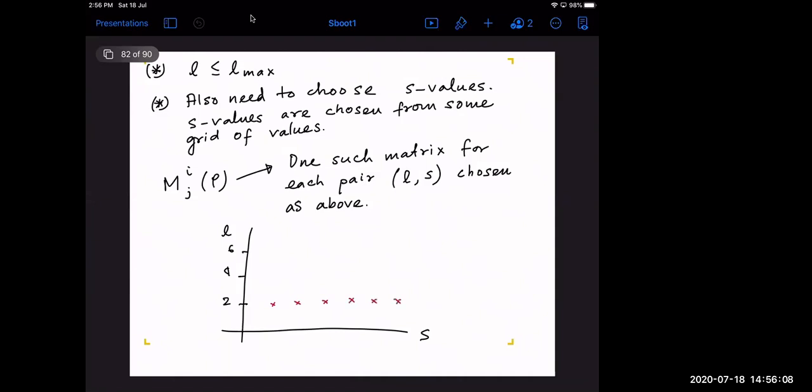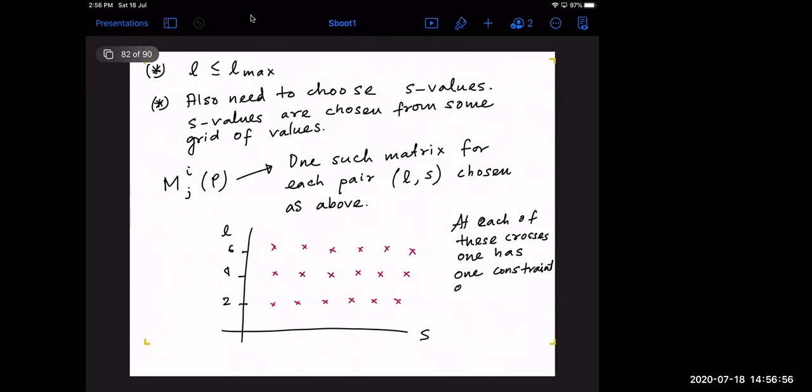And then you have, let's say, at each of these crosses, one constraint of semi-definiteness.